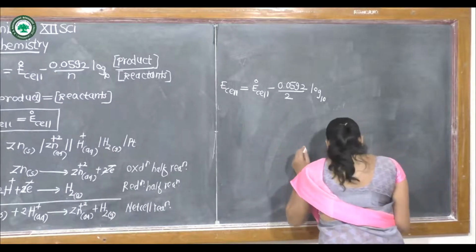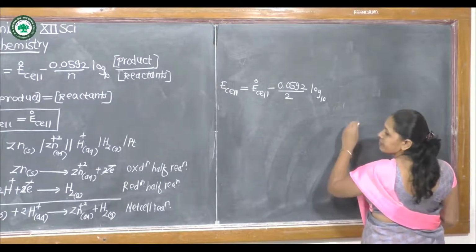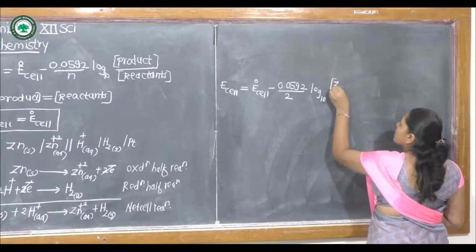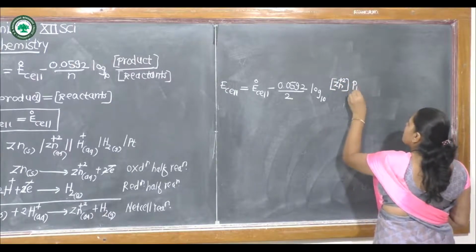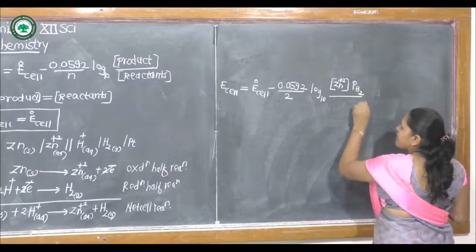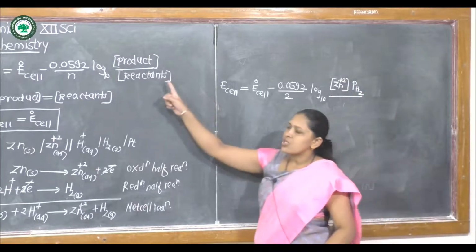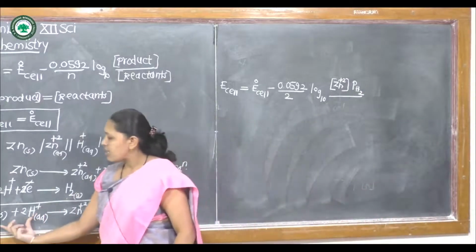Therefore concentration of product means concentration of zinc plus 2 multiplied by pressure of hydrogen gas divided by concentration of reactants.